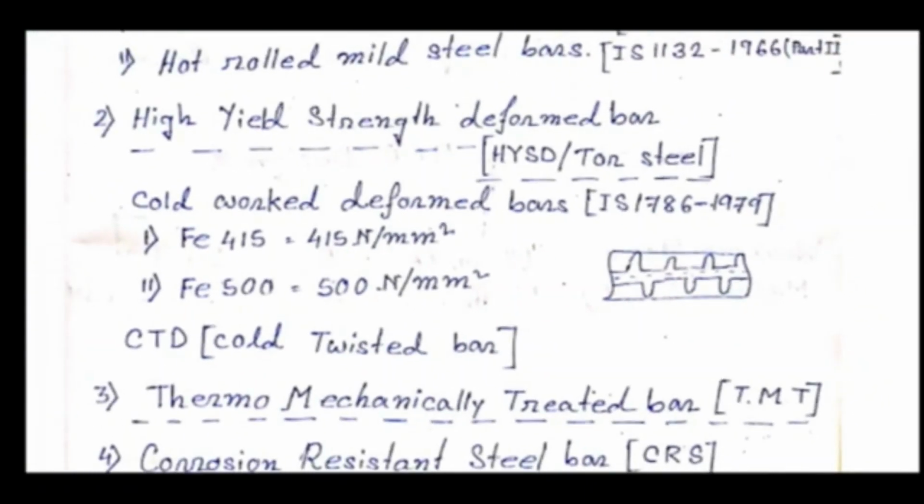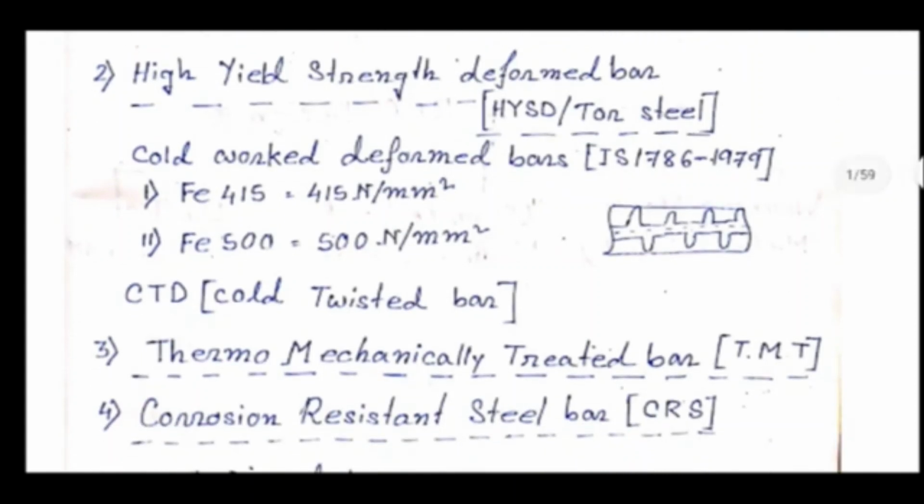There are few more types of bars, that is thermomechanically treated bar, TMT. Nowadays you can see in many TV advertisements, many hoardings, advertisements about TMT bars. So this term is, I think, very common to everyone nowadays. Another type of bars is corrosion resistant steel bar.